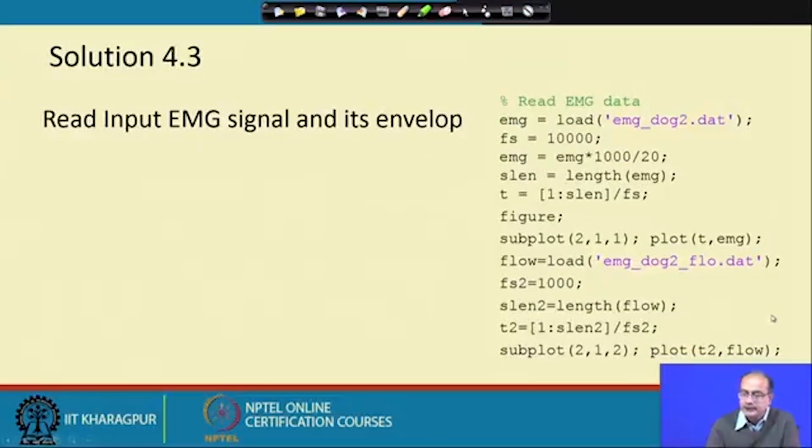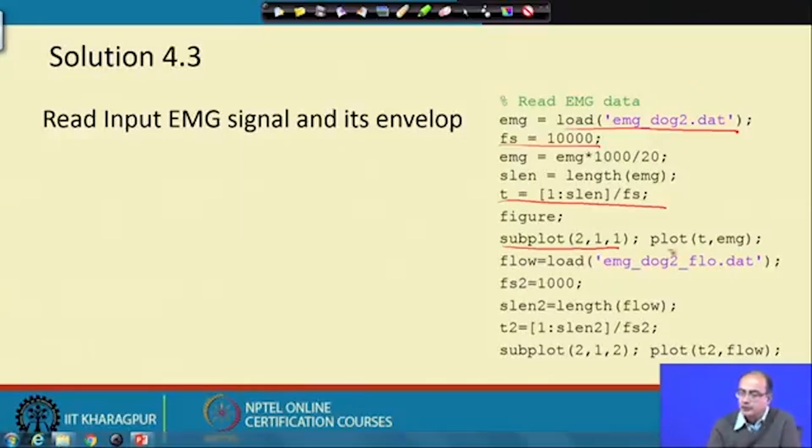First we load the EMG data, note our sampling frequency, and create the time index from the sampling frequency, and we use the command subplot.